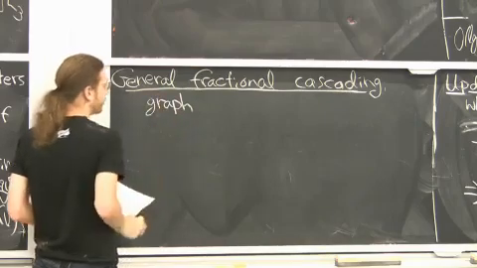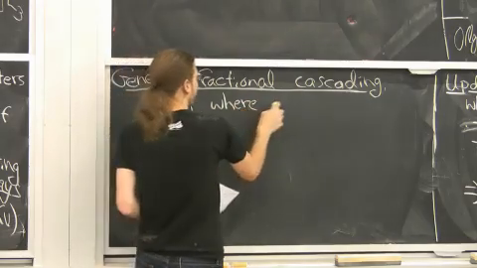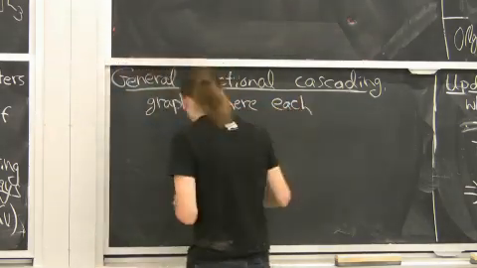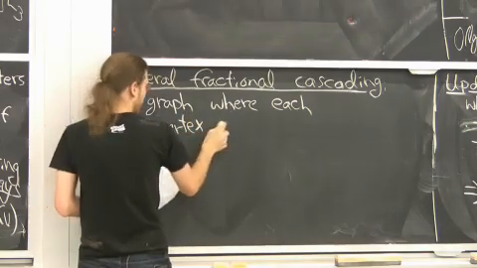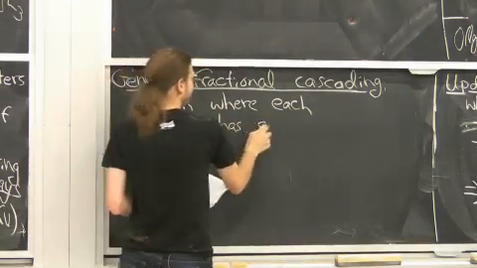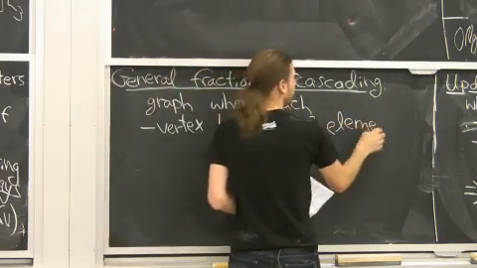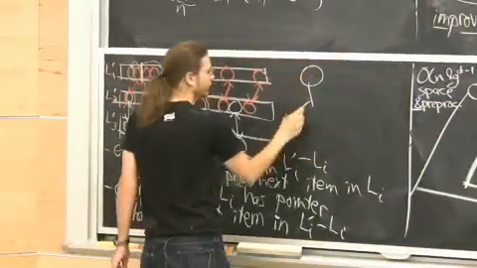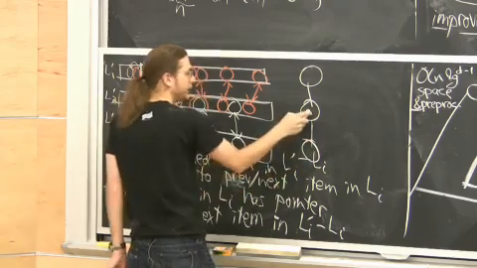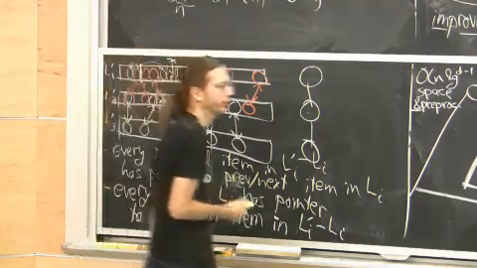But it's for a specific kind of data structure. The data structure is represented by a graph, and each vertex of the graph has a set of elements. Okay, or a list of elements. That's what we had here. We had a path here, and each node in the path had a corresponding list of elements, and we wanted to search among those lists.